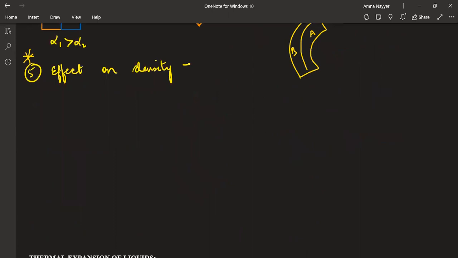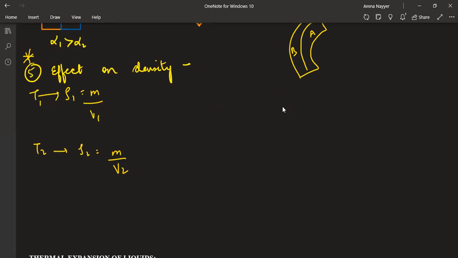See here, density we have already done. Density we already know. Density is what? Mass by volume. Let's say this is density at temperature 1. Density at temperature 2, rho 2, will become mass by volume 2. Volume will also change.